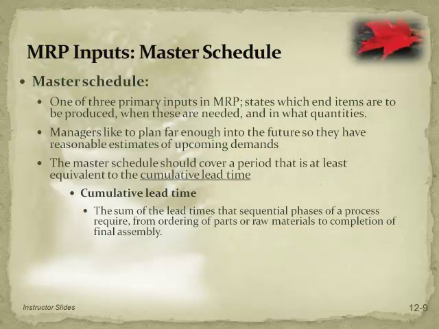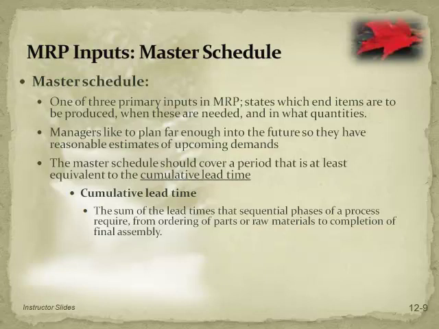So the master schedule is going to essentially define what our demands are, and typically the master schedule is going to show the demands for the finished product, or we could also refer to that as the end item product.